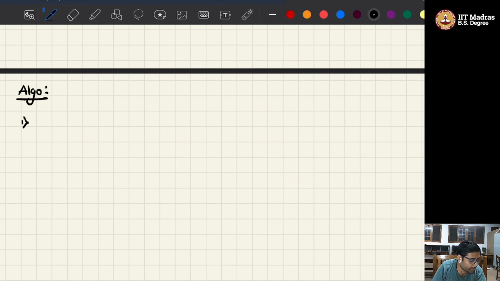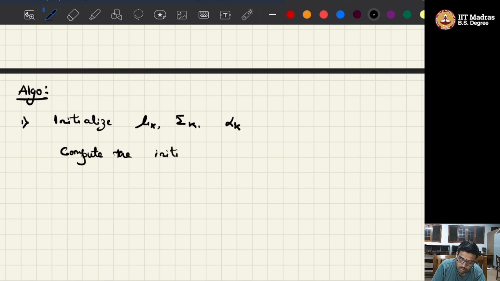Step 1, initialize mu k, sigma k, and alpha k, and compute the initial log likelihood values.